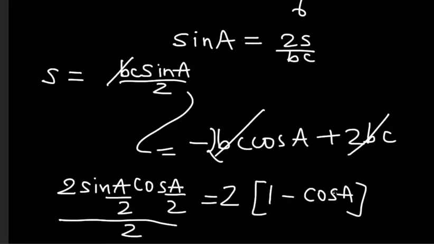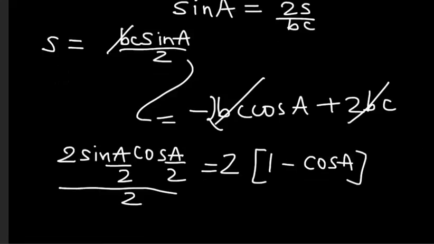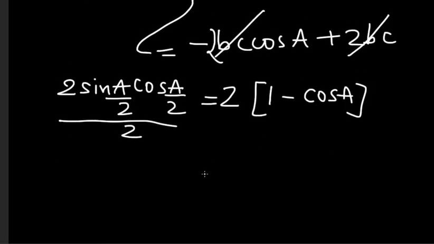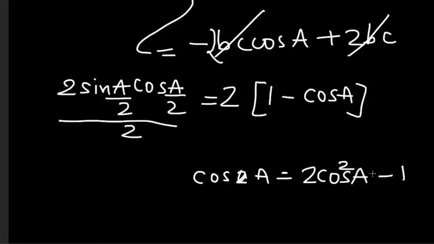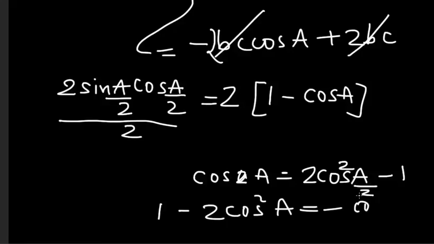Now this is equal to something. Let's see what 1 minus cosine of A is equal to. Cosine of A is equal to 2 cos square A by 2 minus 1, right? So let's switch both sides. If I do that, I'll get 1 minus 2 cos square A by 2 is equal to minus cos A, right?